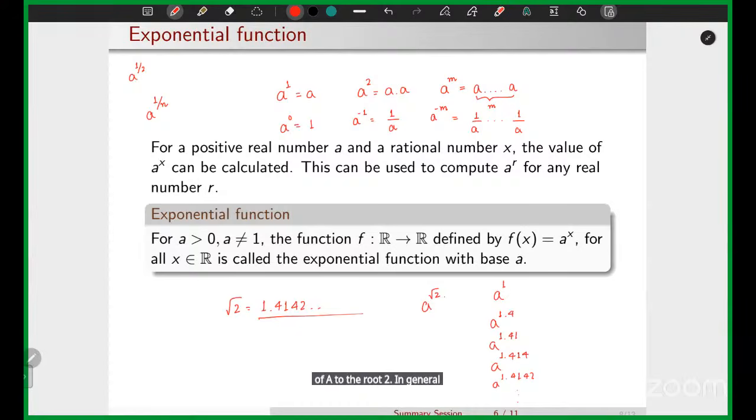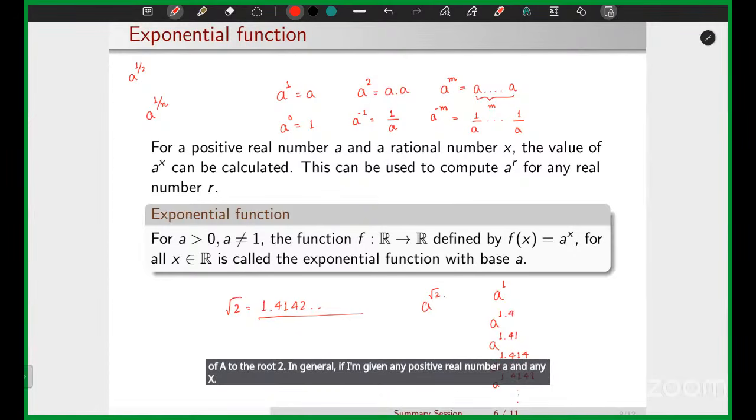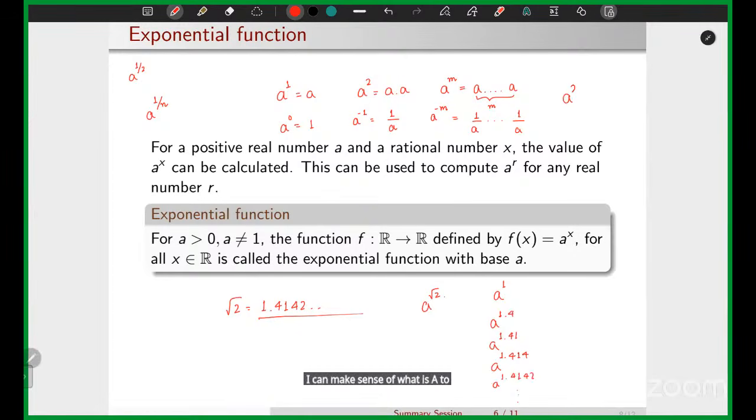In general, if I'm given any positive real number a and any x, I can make sense of what a to the x is. So a to the x can be defined for any a greater than 0 and x in R. Which means I can fix an a and define a function whose value corresponding to the real number x is just a to the x.